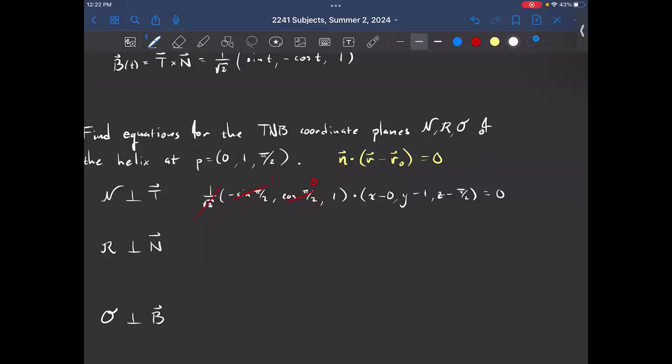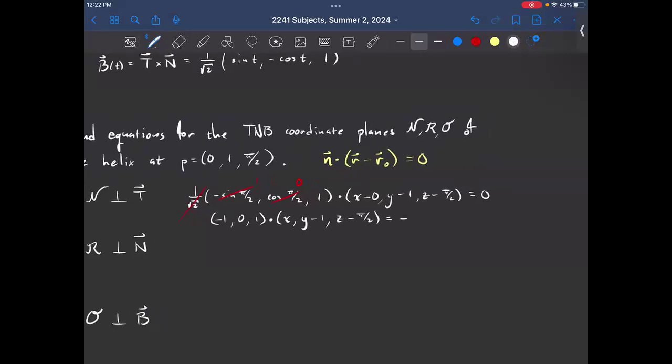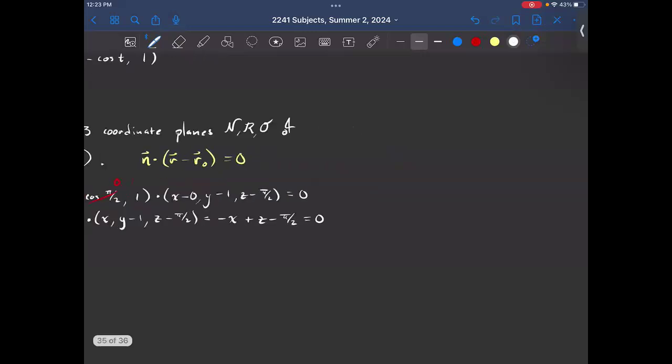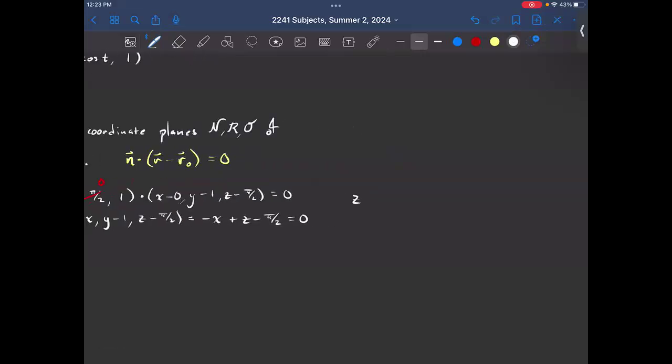So in this dot product, minus 1, comma 0, comma 1, dot x, y minus 1, z minus pi over 2, we get minus x, the y part goes away because we multiply by 0, and then plus z minus pi over 2 equals 0. And so the equation of our plane is z minus x equals pi over 2. All right, so that's our normal plane.